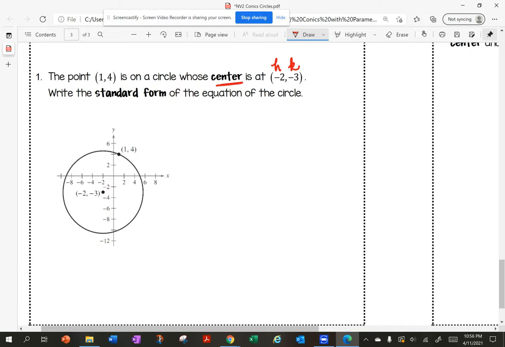So I'm going to just substitute into my equation. Here's my x and y. I'm going to say (x minus h) squared plus (y minus k) squared is my radius squared. So I know what x, h, y, and k are. So substituting in with the given information, I can solve for my radius squared.